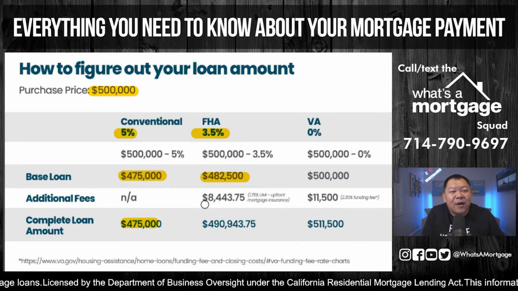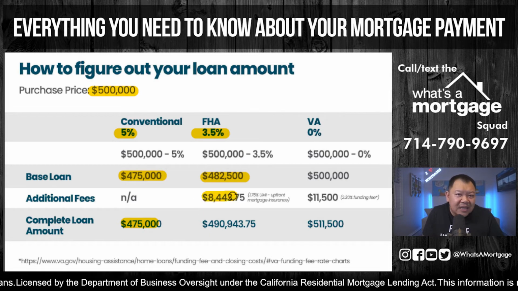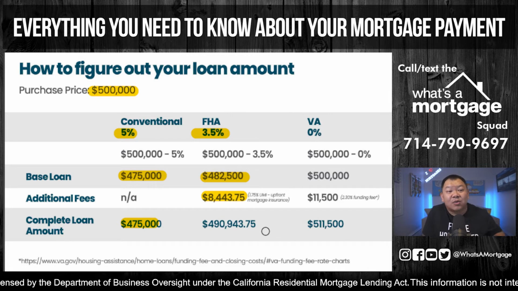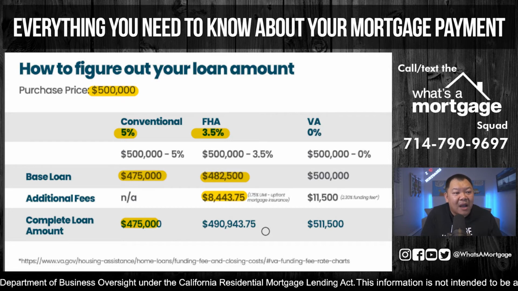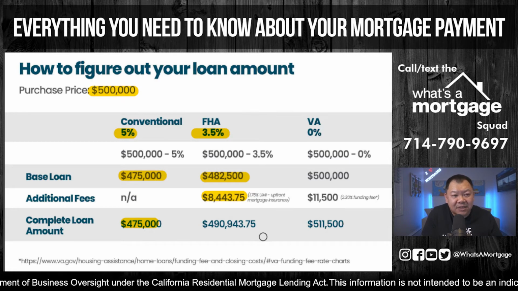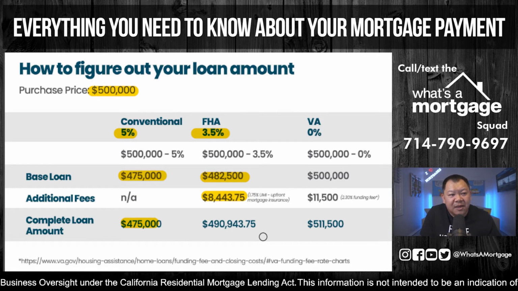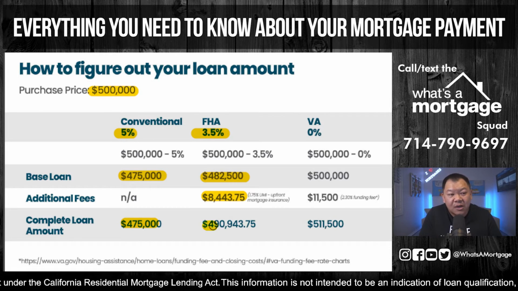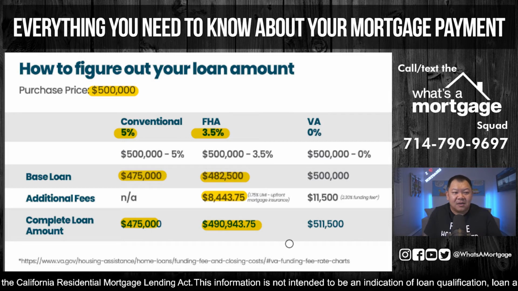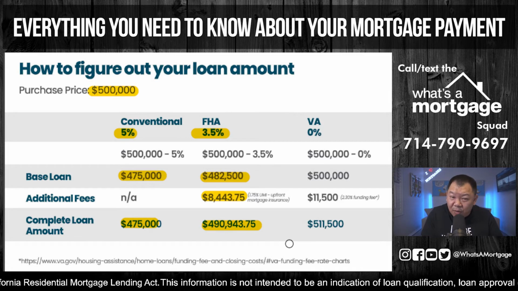You got to add the upfront mortgage insurance. If you're watching this October 2021, right now, FHA rules are the upfront mortgage insurance is 1.75% of the loan amount, which means it would be $8,443 added back to the $482,500, which would make your complete loan amount $490,943.